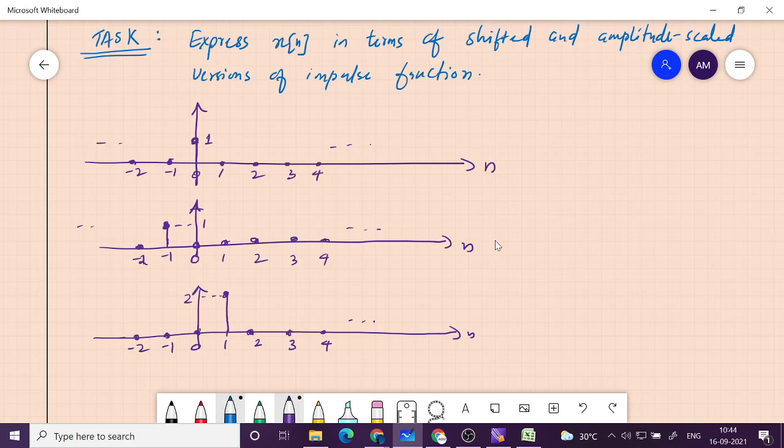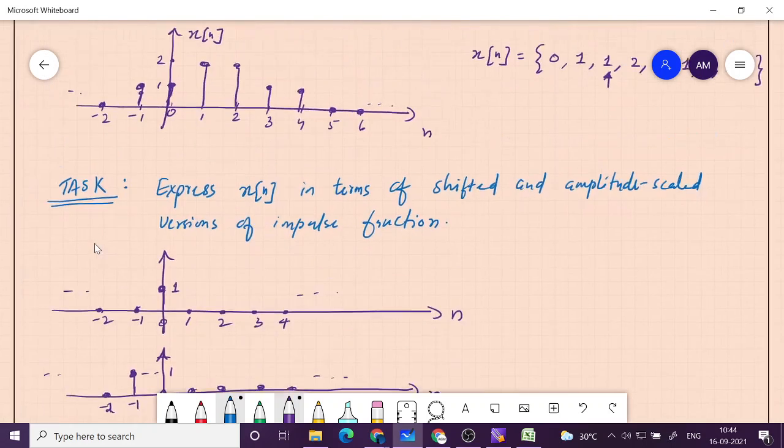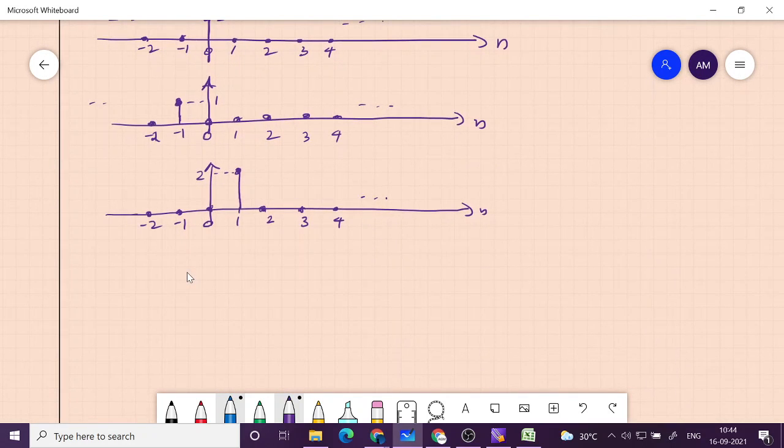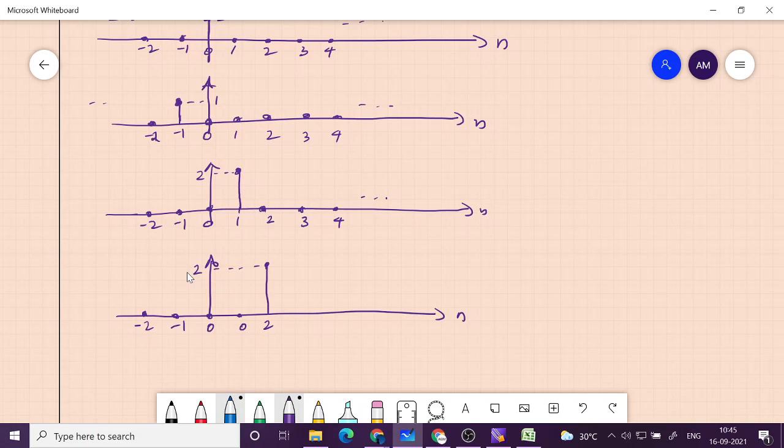I am just separating this given arbitrary function into different parts, different sub functions basically. That's what I am doing. Again, I continue this exercise. 0, 0, 0, 0, and now at 2, I have 2. Then I have 3, 0, 4, 0, etc.